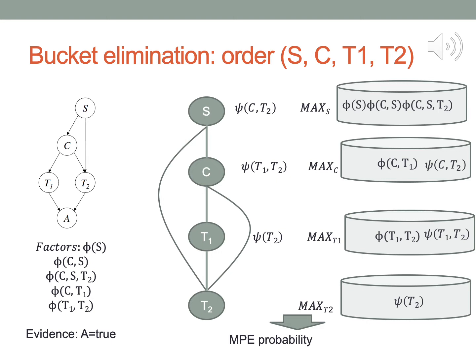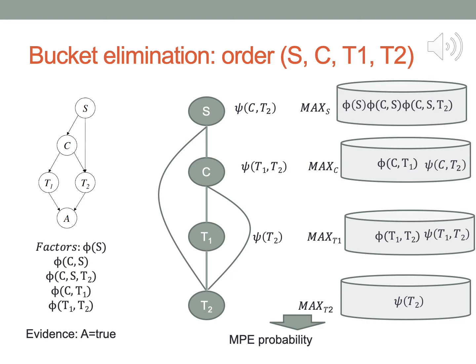In our running example, when we process the bucket of S, for instance, we get a function that is defined over C and T2. And we put that function in the bucket of C. At the bucket of C, we multiply the functions defined over C and T1 and C and T2. When we do that, we get a function which is defined over C, T1 and T2.